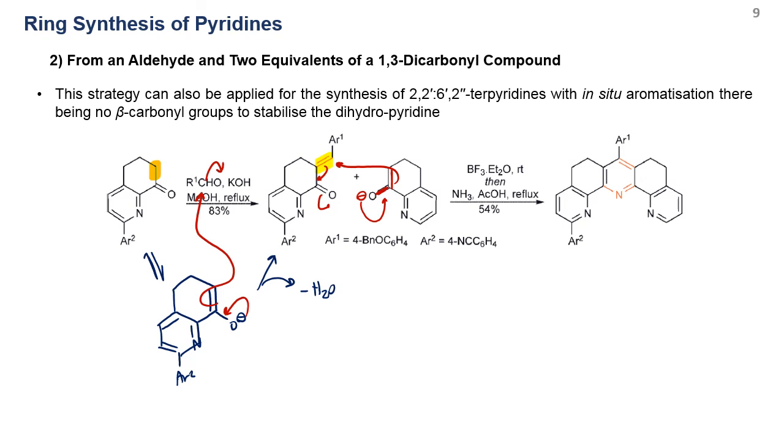Under BF3, this can act as a Lewis acid to activate the ketone to be more electrophilic. And after forming the 1,5-dicarbonyl ketone, then you can use ammonia to condense and form the pyridine ring here.